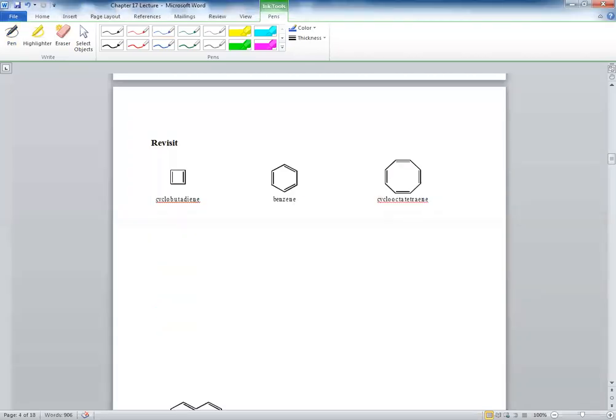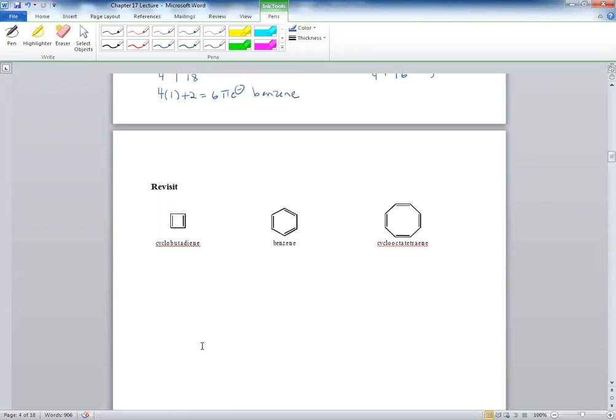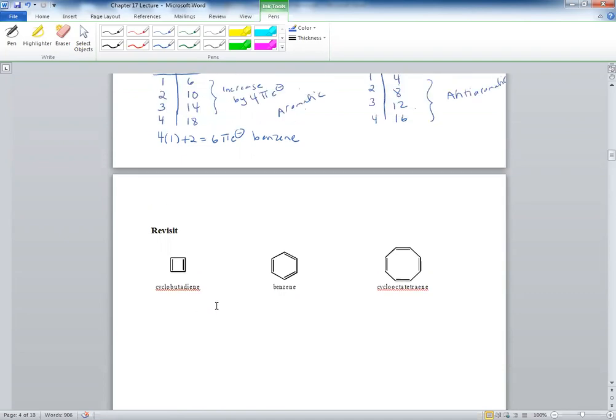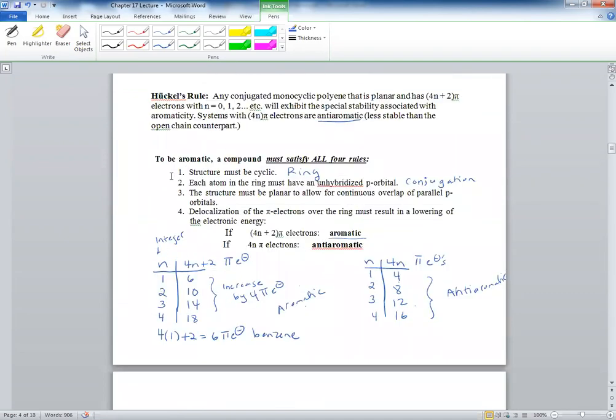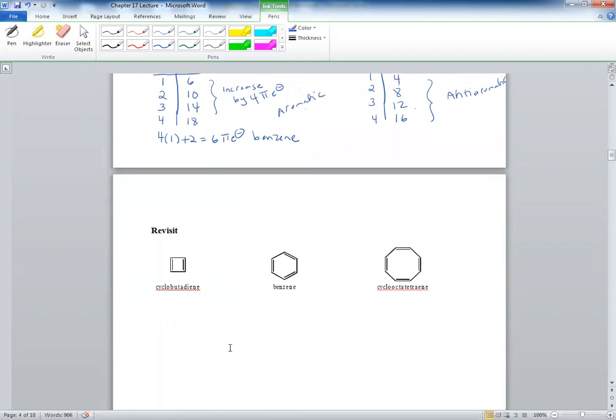So let's talk about these three structures. Let's revisit them and determine whether they are aromatic, anti-aromatic, or non-aromatic. You will need to use the 4 criteria examined above every time you do this exercise.